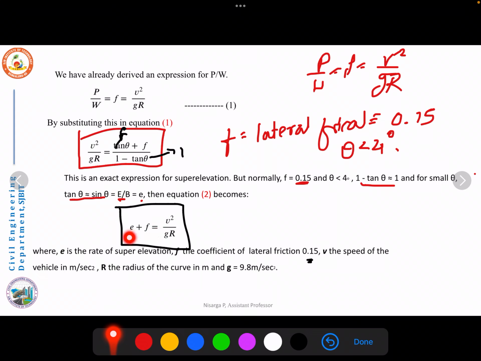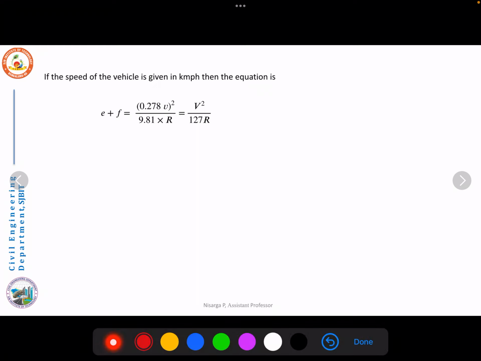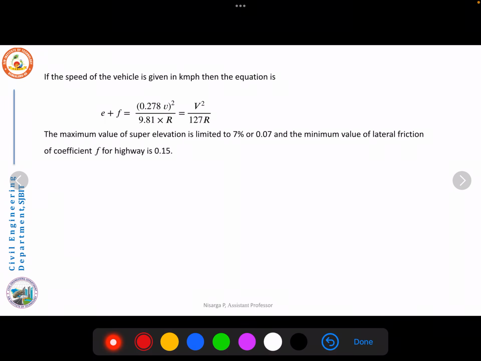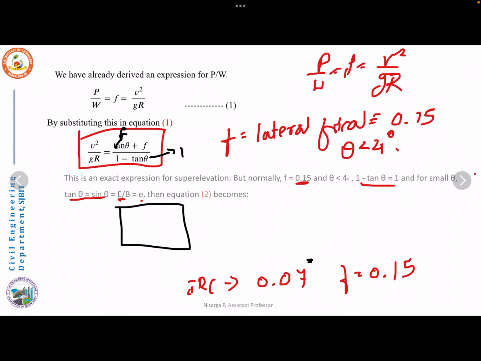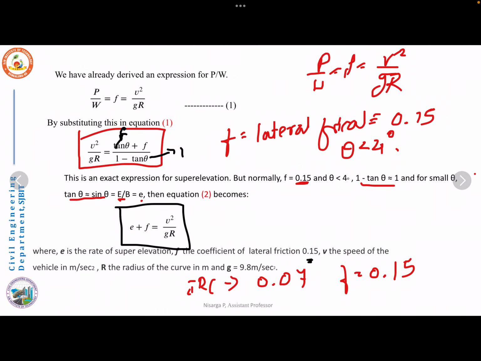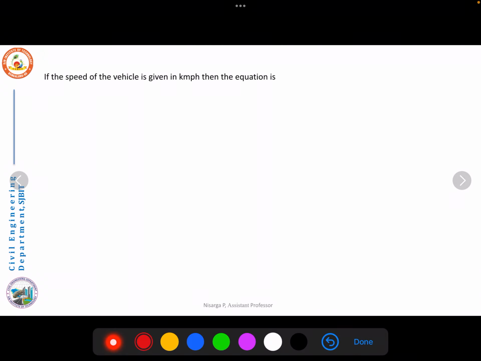At the horizontal curve, IRC recommends the maximum super elevation value can be taken as 0.07, and the maximum value of F is 0.15. Before moving to the design of the horizontal curve, the previous expression we derived has speed in meters per second, but generally all our speed values are in kmph.